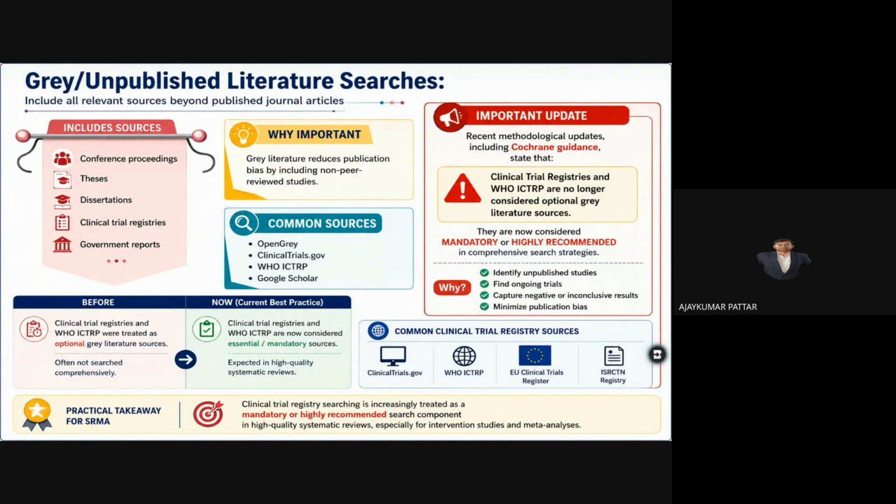That's why it is one of the most important search engine tools to get gray literature. So don't be confused. Google Scholar itself is not gray literature, but it is the major tool to identify gray literature. That's why we generally consider it gray literature. So you have to know this concept.